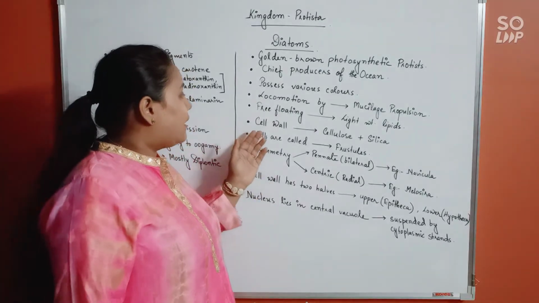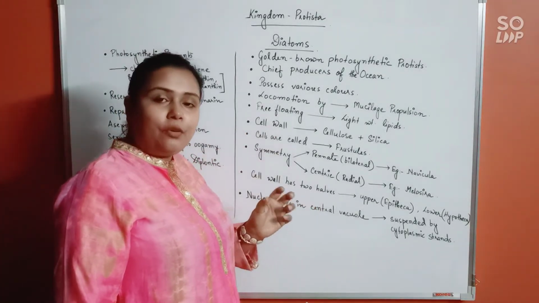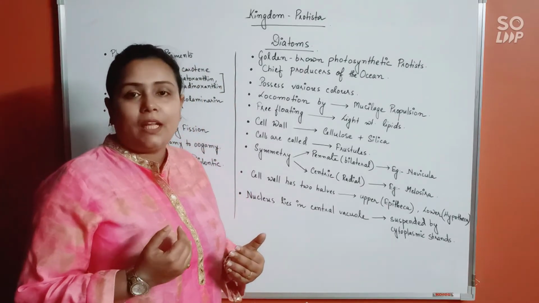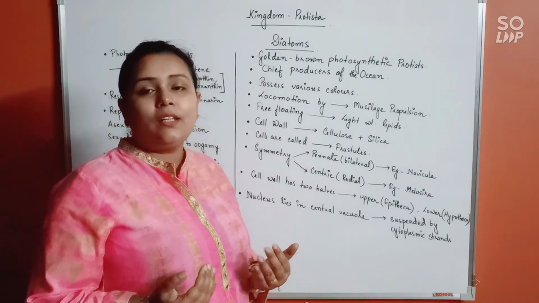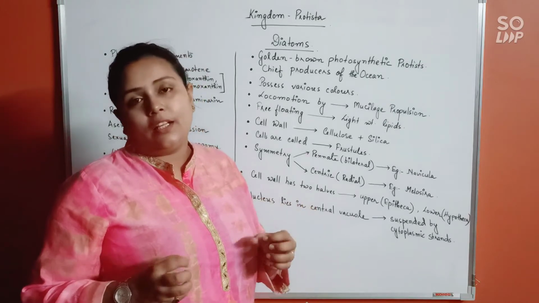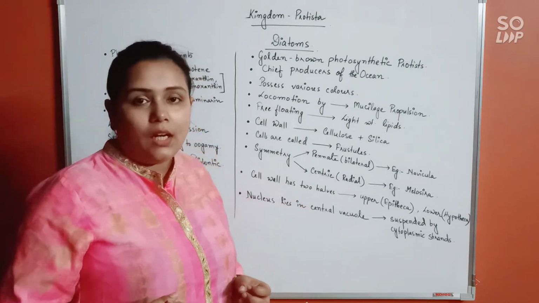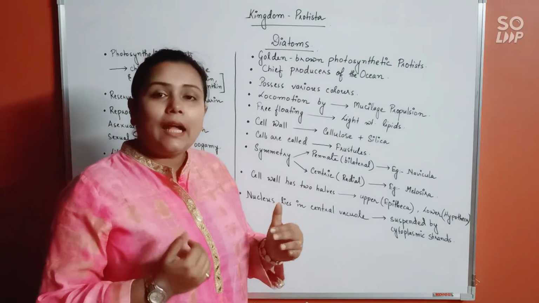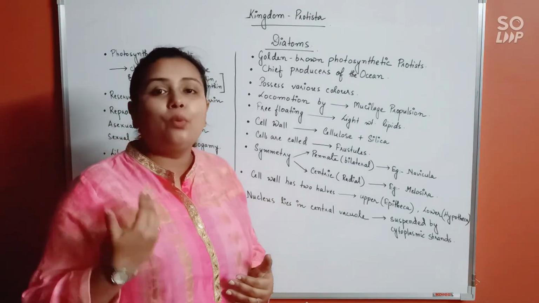Okay. Next, the cell wall. If you remember the cell wall of dinoflagellates now. See, why every time am I taking the reference of dinoflagellates here? Because while you study protista, you have to be correlating. You have to compare and study. That's how you will be able to score more marks.